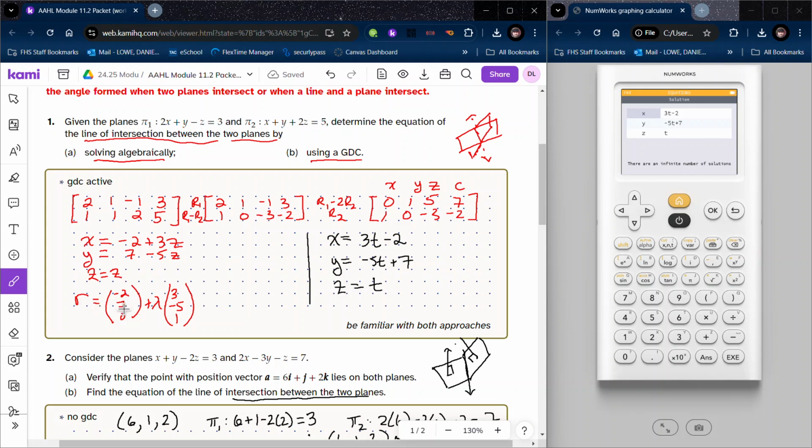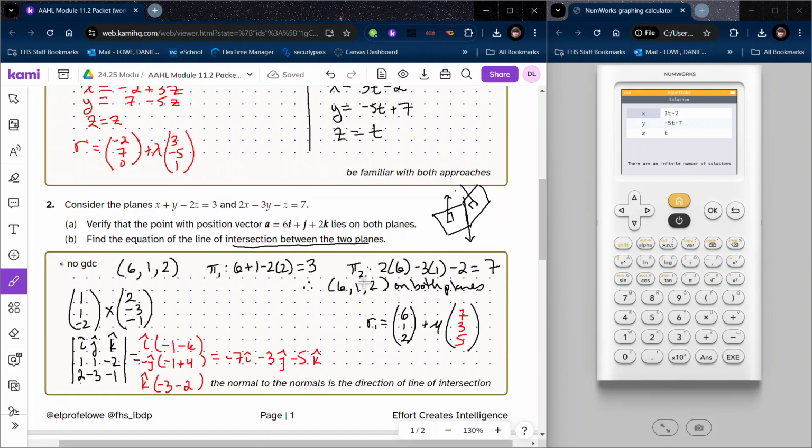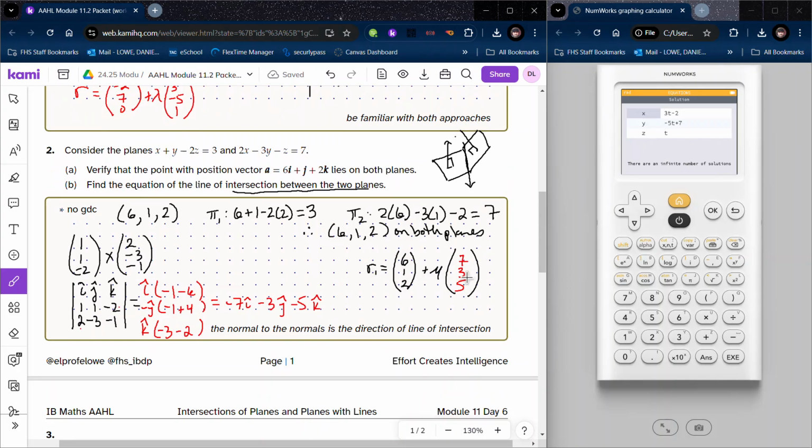So we have the vector equation of a line. We have the parametrized equation of a line. Vector equation, once again, being the most common. But of course, we could also talk about the Cartesian equation of a line.